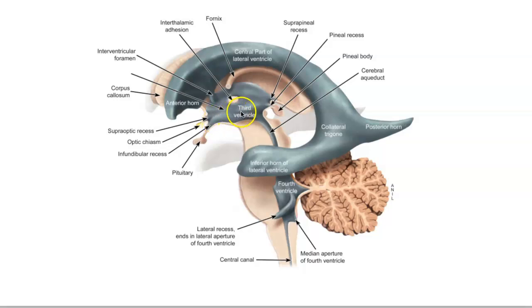I'll show it another view to you. Here, there's going to be a hole in this third ventricle to allow that interthalamic adhesion to pass through. Here's going to be the region of the thalamus. Here's going to be the hypothalamus. The pineal gland is not in the third ventricle, and here's the pineal gland sticking out back here.